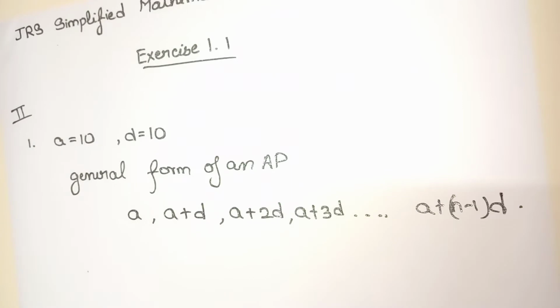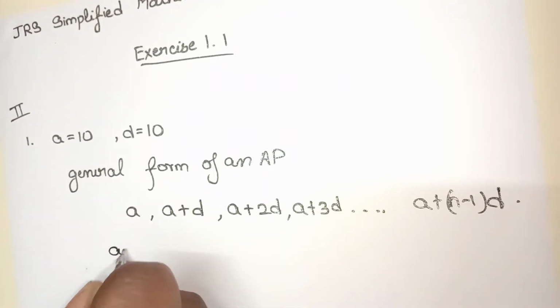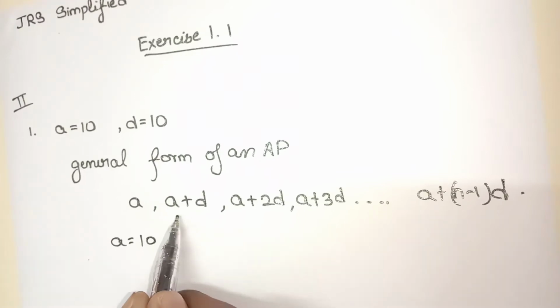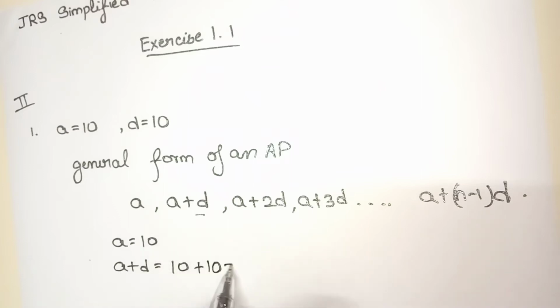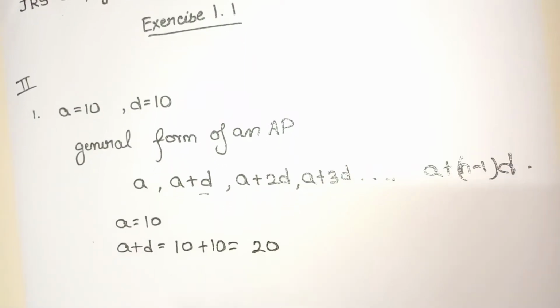Okay, now let's solve this. We know the first term. It is given that a equals 10, and we're going to find the second term, that is a plus d. Just substitute the values. a is 10 and d is also 10. We'll get 20. For the third term, a plus 2d, that is 10 plus 2 times the common difference, we'll get 30.